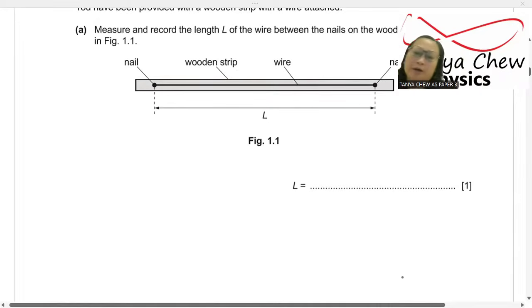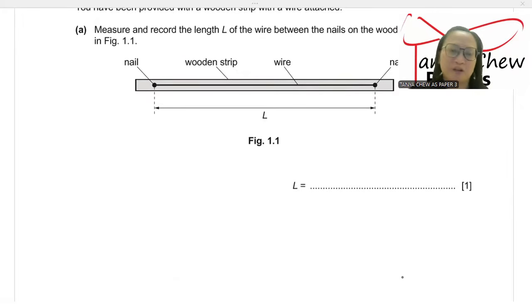Now, before I write down my answer, you have to understand this is your Paper 3. The important thing about Paper 3 is the significant figures and decimal points, which always confuse a lot of students. I want you to remember one simple thing.